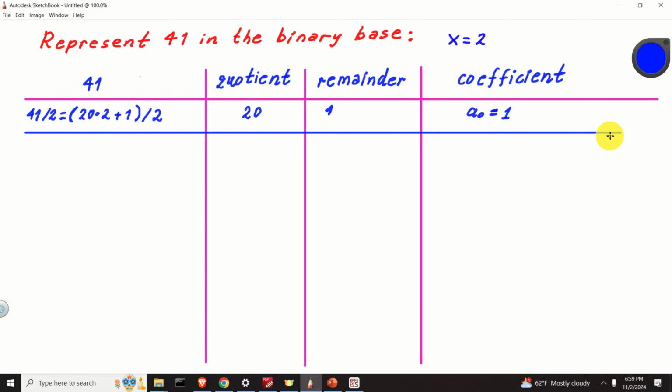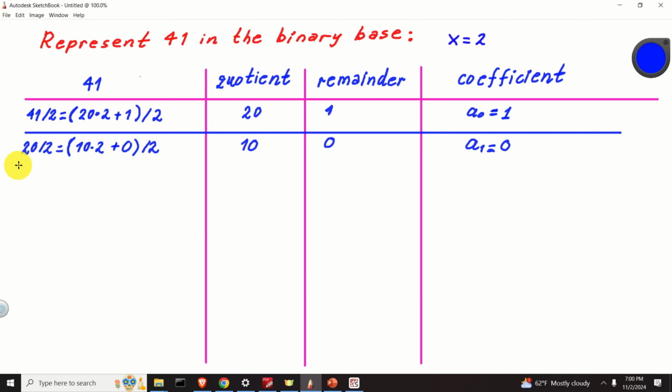Next, we repeat this procedure recursively. Now we take the quotient and we divide it by 2. First of all, we can represent this expression as 10 multiplying the base plus 0 divided by 2. And from here we can see that the quotient is 10, the remainder is 0, and from here we get that a1 is 0.